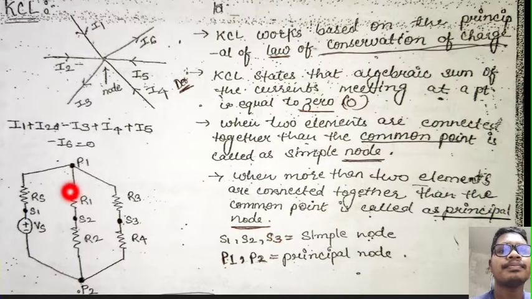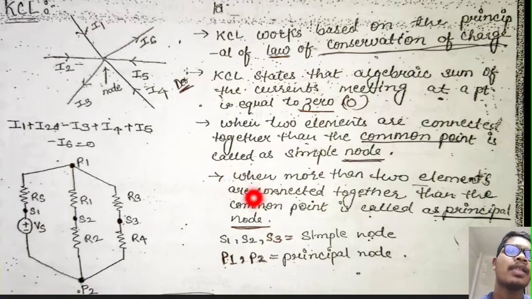Or see here, these three elements are connected to this point, so this is also another type of node. Or here, a resistance and a voltage source are connected to a point, that is another node. Those are called simple nodes.